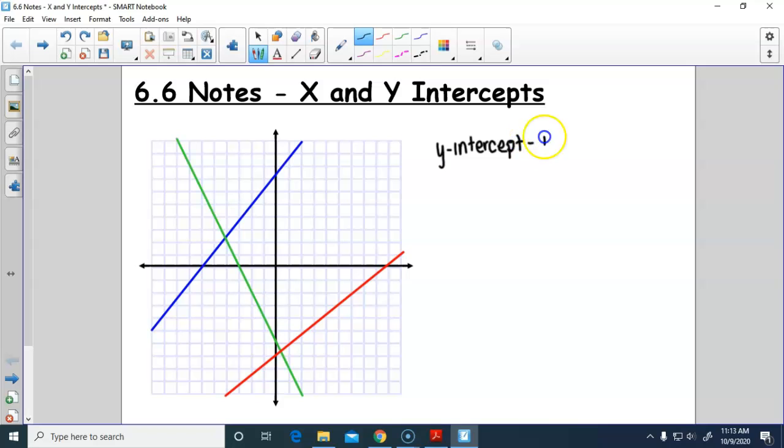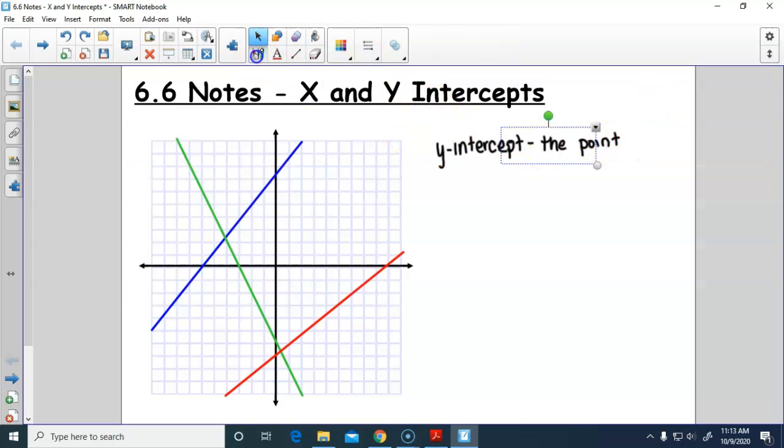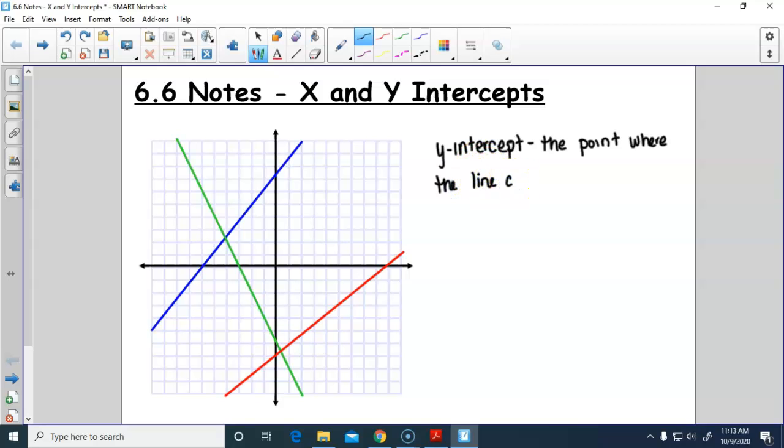A y-intercept is the point where the line crosses the y-axis.